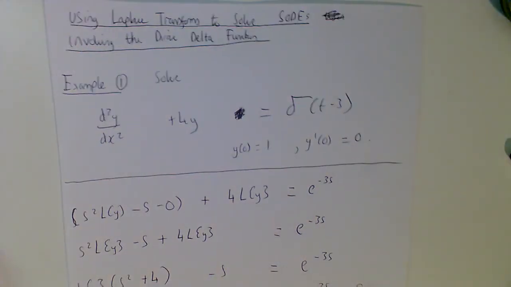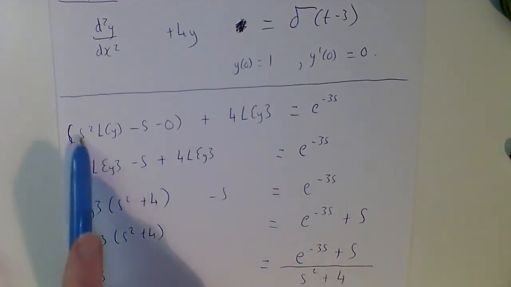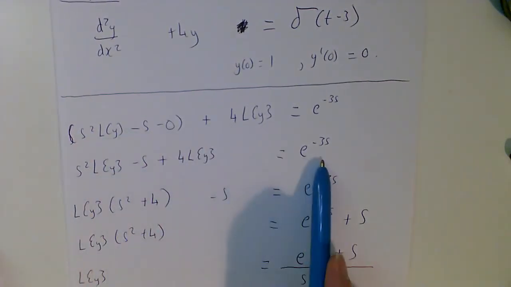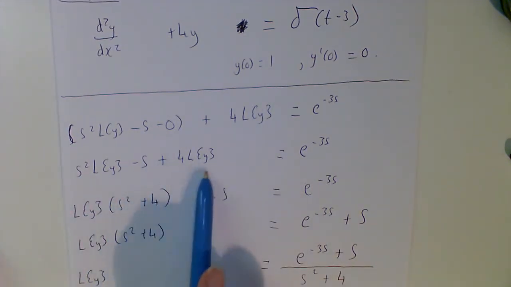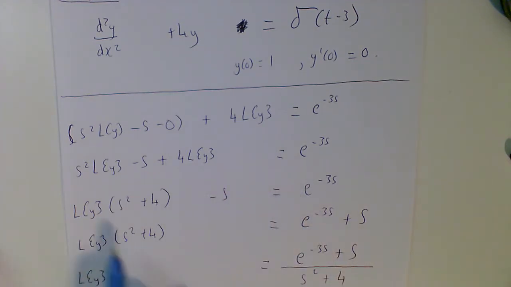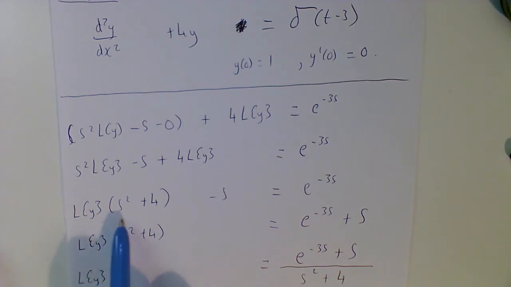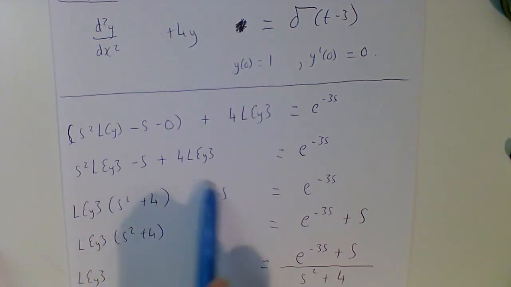Right, then as usual I just multiply out my brackets, so I've multiplied out this bracket and put it all together. So s squared L of y take away s plus 4 L of y equals e to the power of negative 3s. Okay, I've then collected my L of y terms together as I always do. So I've got s squared plus 4, and then I've got this rogue negative s sitting in here.